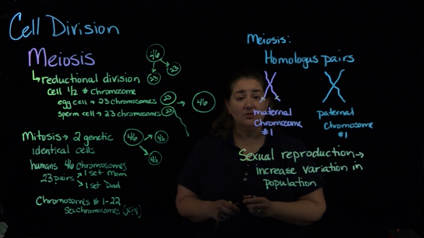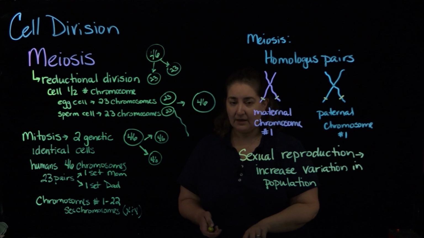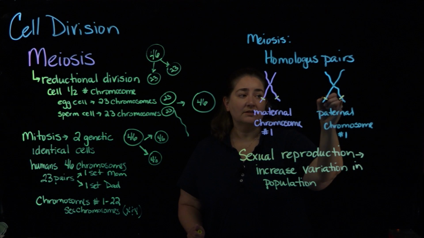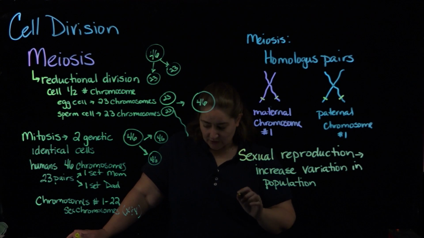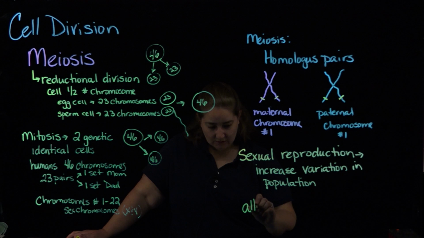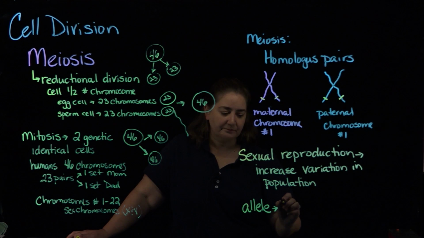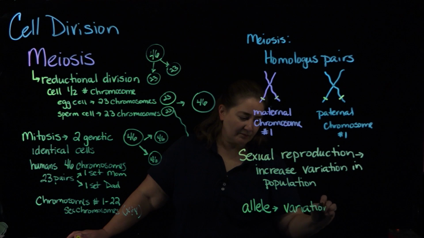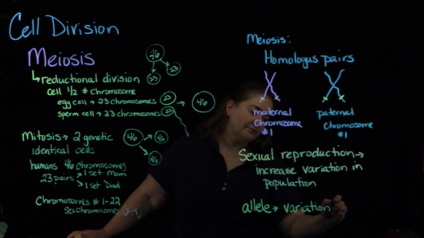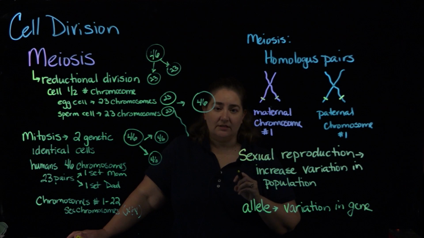That same gene is going to be on dad's chromosome 1, okay? But he may have a different allele, okay? So what we're talking about with an allele, okay, is going to be a variation in a particular gene, okay?